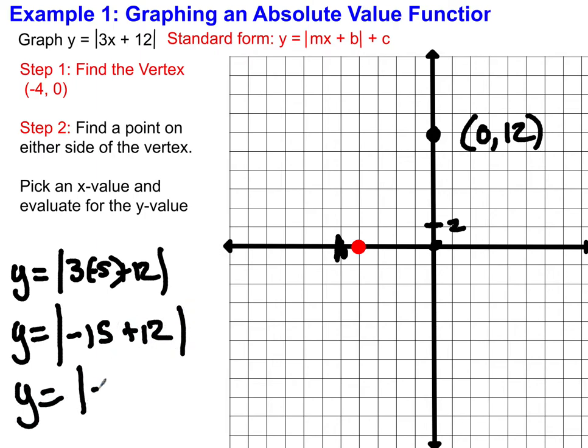Negative 15 plus 12 is negative 3. The absolute value of negative 3 is 3. So when x equals negative 5, y equals 3. So that's here, because this scale is 2. So it's halfway up there.